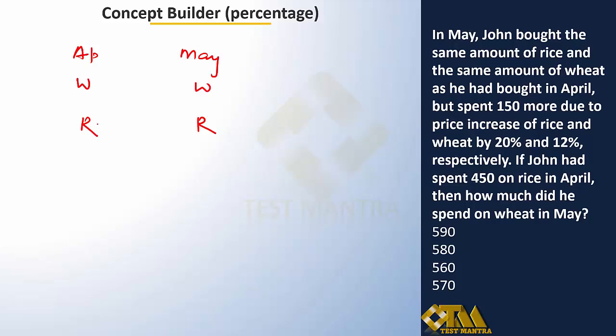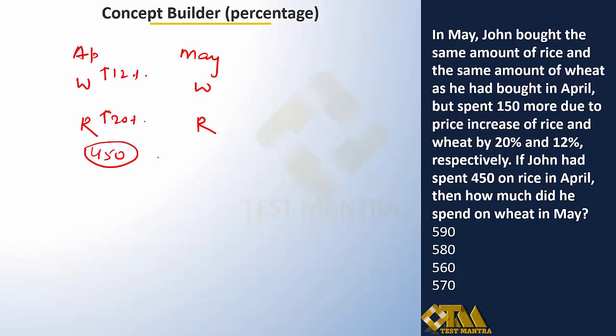So rice is increased by 20% and wheat is increased by 12%, right? That's the condition given here. If John has spent 450 on rice in April, so according to this he spent 450 here.